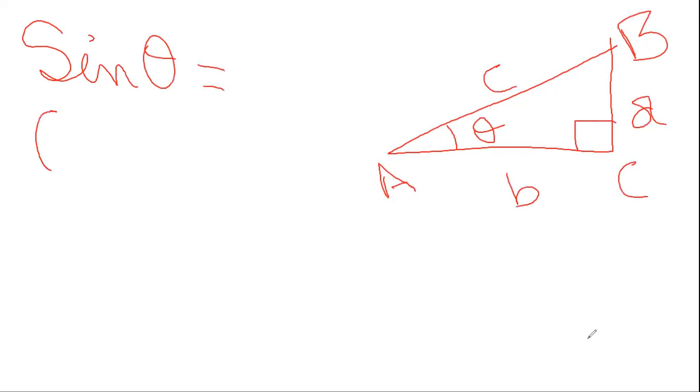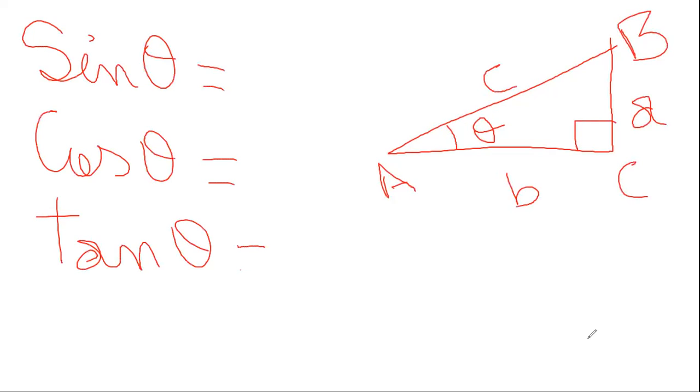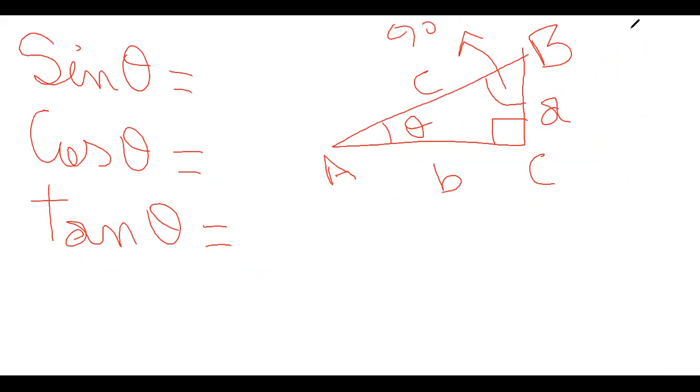Oh, I messed it up. Cosine is adjacent over hypotenuse, that is 5 over 7. Tangent is y over 5.